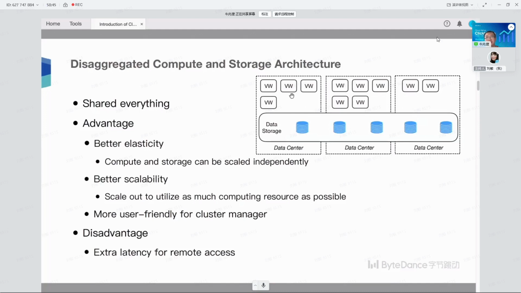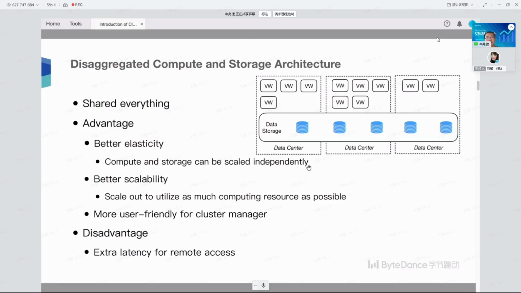Under this architecture, there are three major advantages. First, it has better elasticity, because the computing resources and the storage are isolated, so they can be scaled independently according to the demand. If we want more computing resources, we just add more computing instances.